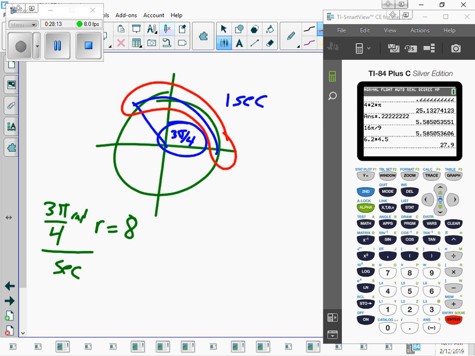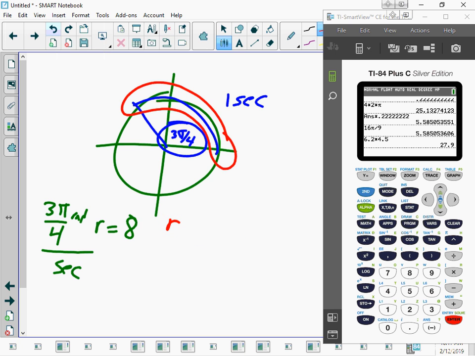It's just rate times time equals distance. I know the rate. I need to figure out the distance using the time of 1 second, which is just the arc length, right? How far is it from here to here?